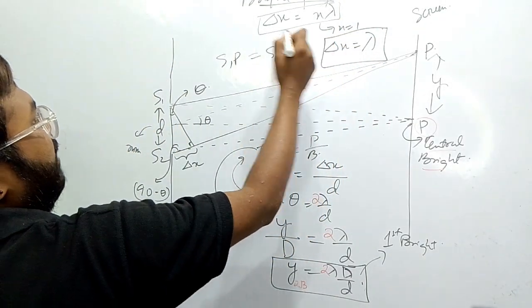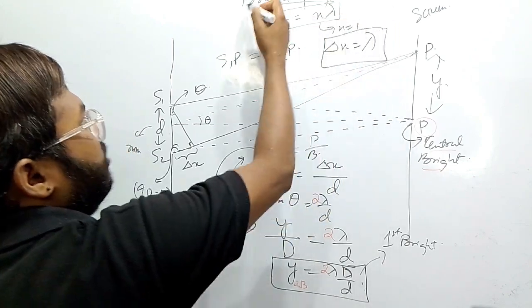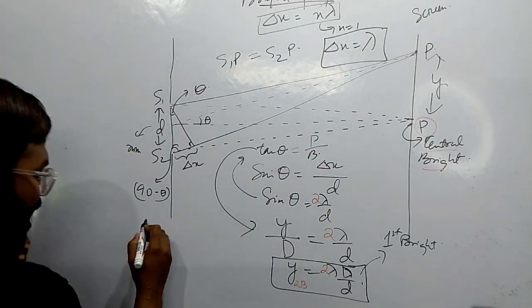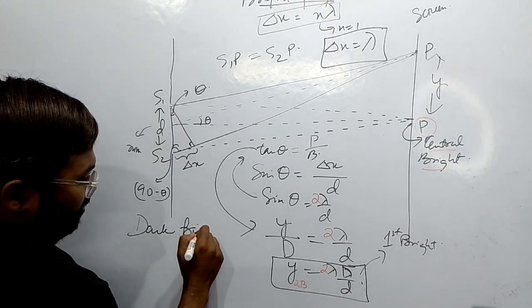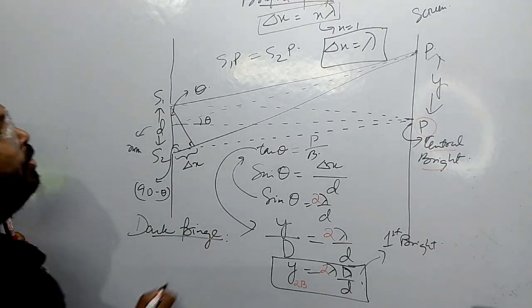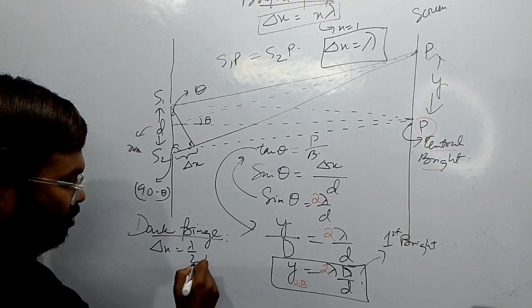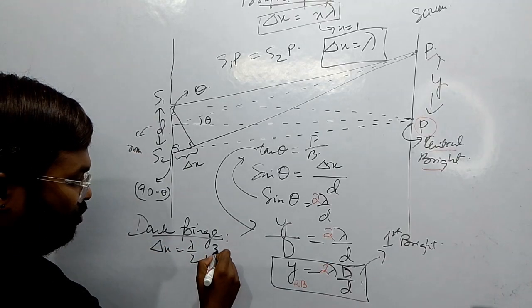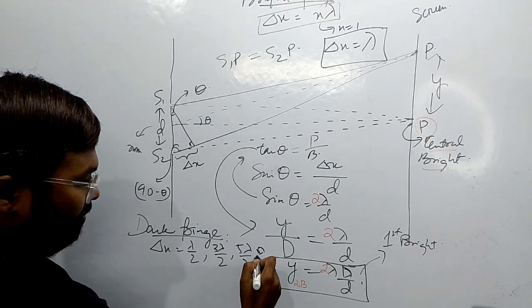So here you were having 1 lambda, 2 lambda, 3 lambda, 4 lambda, in case of bright fringe. But in case of dark fringe, you will have del x equal to lambda by 2. Then you will have 3 lambda by 2, then 5 lambda by 2, then 7 lambda by 2.